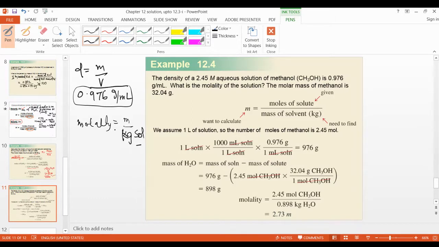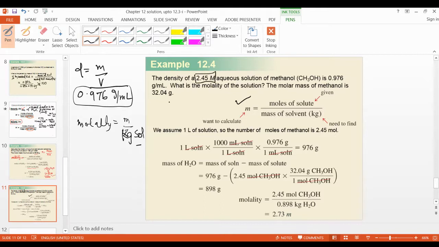Gram per milliliter means this much gram is present in 1 milliliter of the solution, not the solvent only. And this is in kilograms, so we have to first change into liter. Look at the example here. This is the formula, and now the 1 liter of the solution.